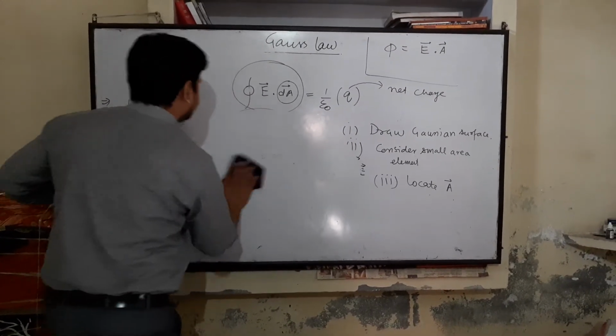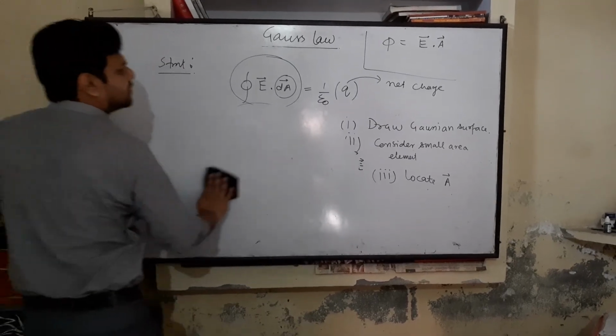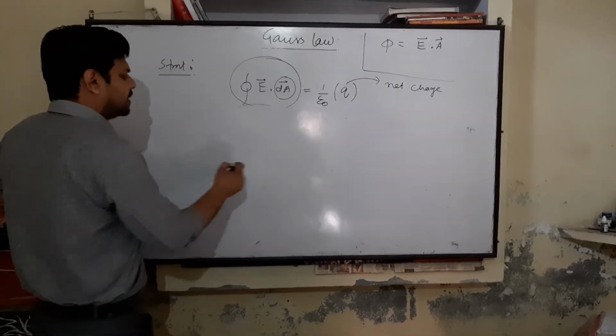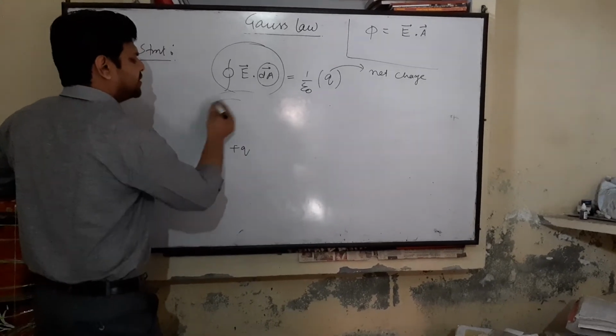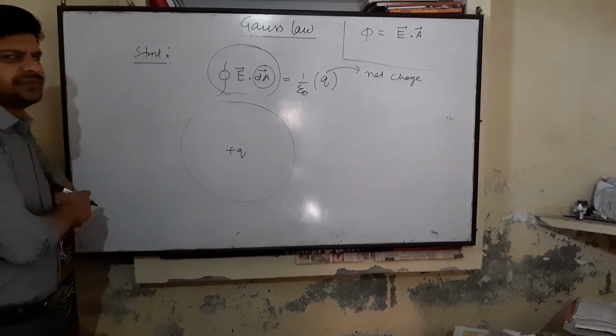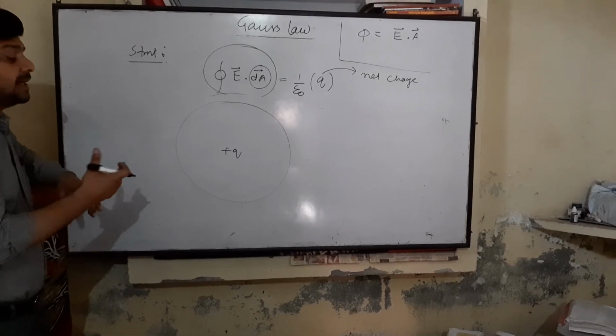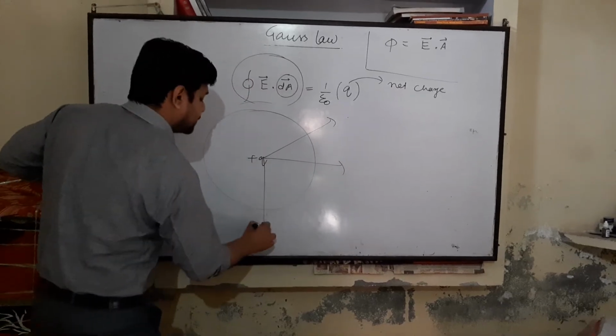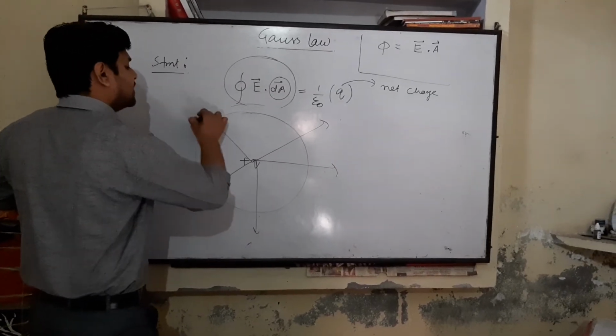Let me explain the physical meaning of this statement. Consider we have a point charge and this is a spherical Gaussian surface. Then the electric flux passes through this surface like this.